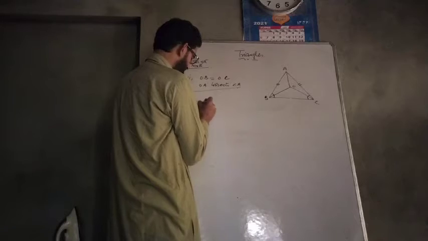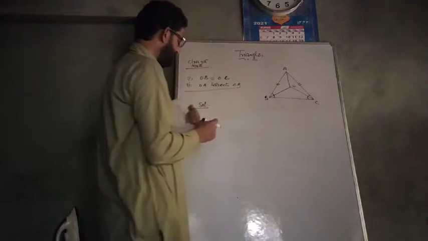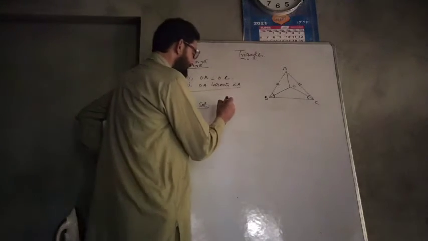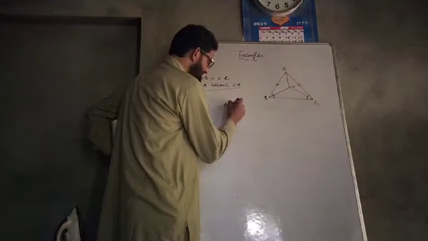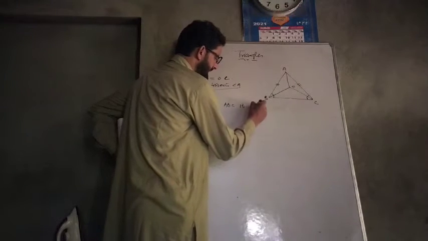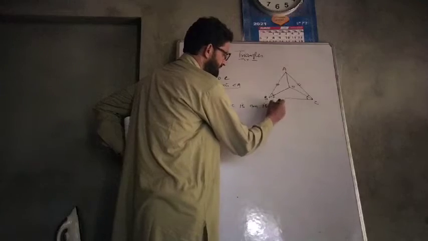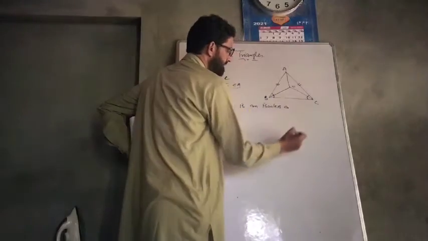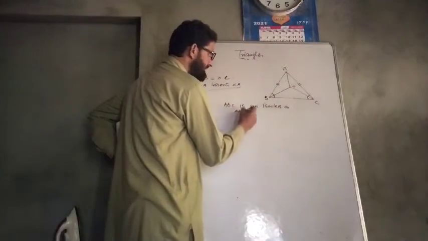Now solution. ABC is an isosceles triangle in which AB is equal to AC.